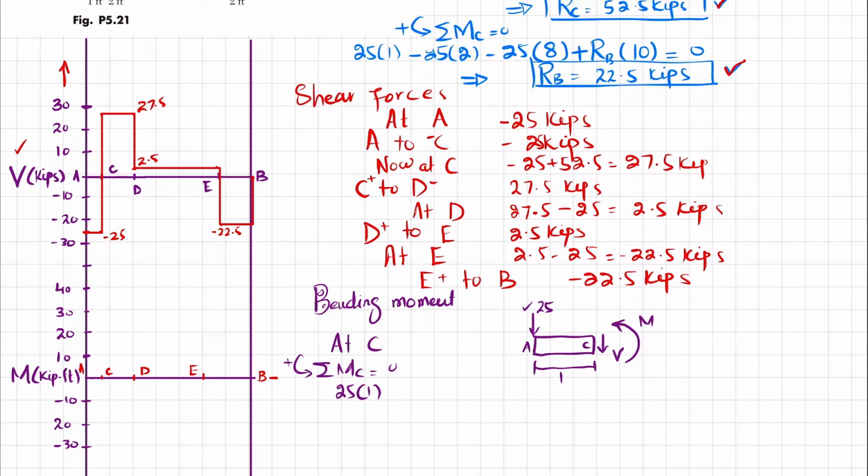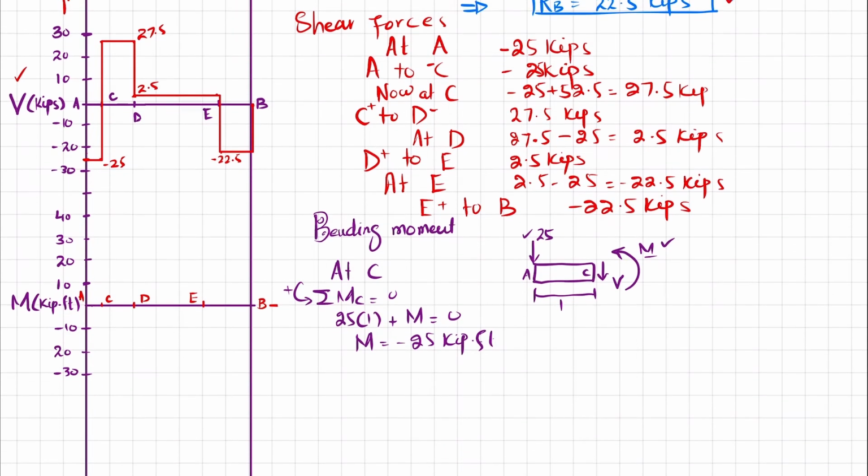And there is this external moment, which is also positive, so the sum is equal to 0. So it means that moment is equal to minus 25 kips into feet. Also the assumed external moment is wrong. That must be clockwise. Okay, so this is the moment at point C.